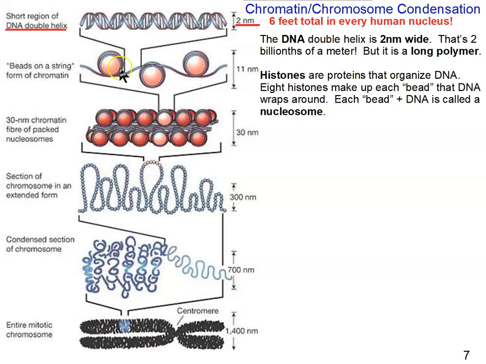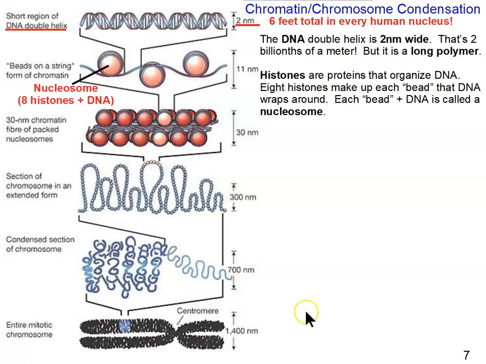And that entity, once the DNA wraps around those 8 histones, is referred to as a nucleosome. So a nucleosome is made up of 8 proteins called histones, plus the DNA that's wrapped around it. And that's the basic packing unit of DNA.